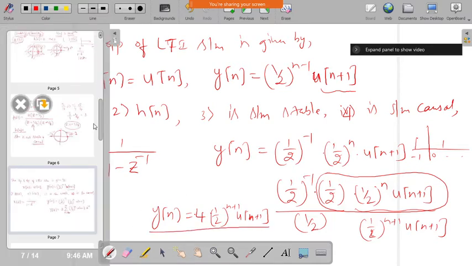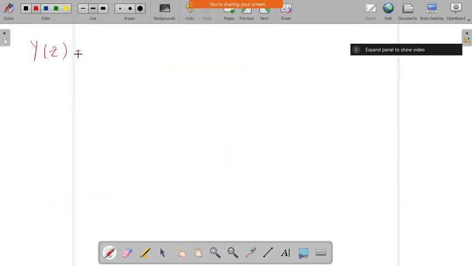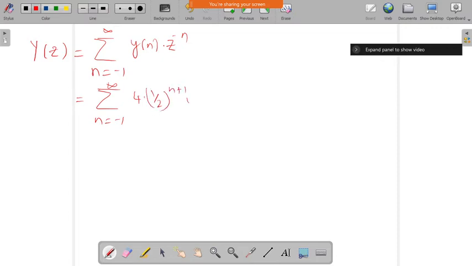Okay, so this is what y of n is. Now we have to find the z transform for this. So Y of z is equal to summation n equal to minus 1 to plus infinity of y of n into z power minus n. Now our y of n is 4 into half power n plus 1 into u of n plus 1, so this is equal to summation n equal to minus 1 to infinity of 4 into half power n plus 1 into z power minus n.